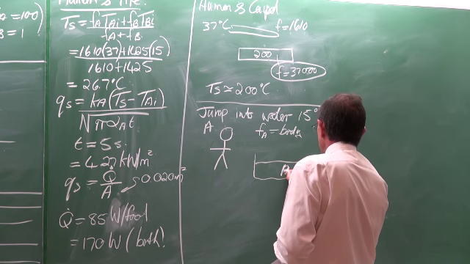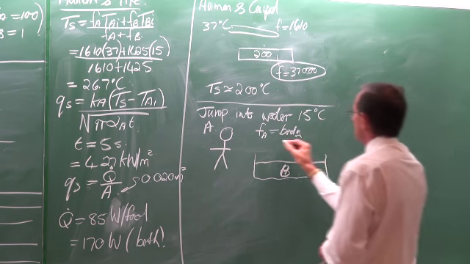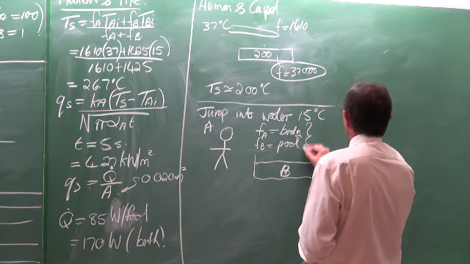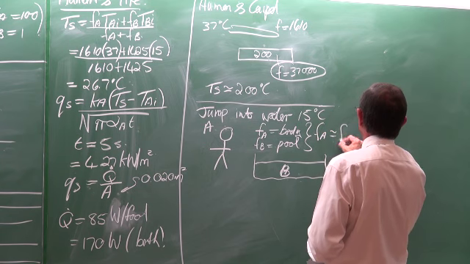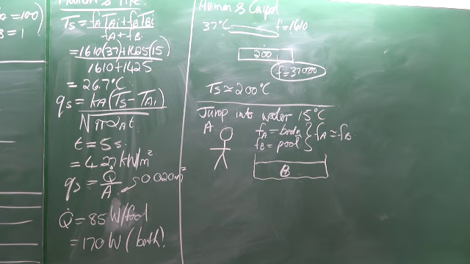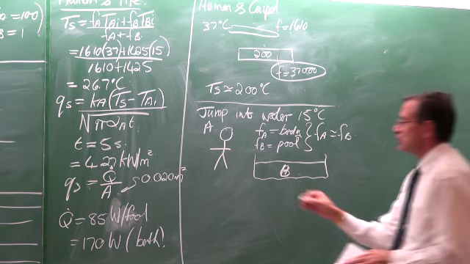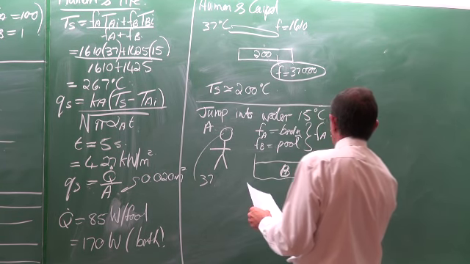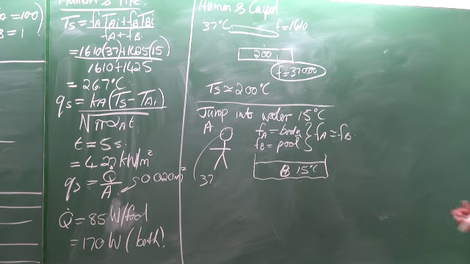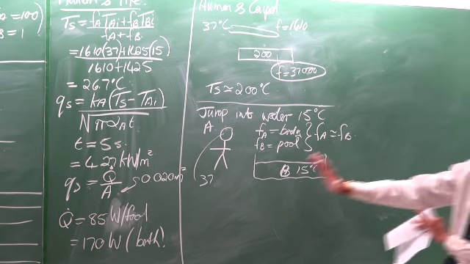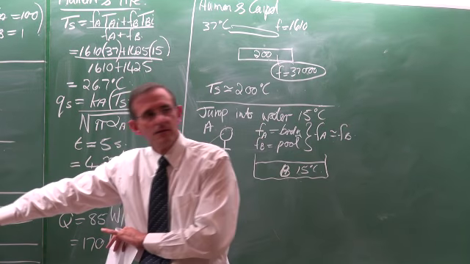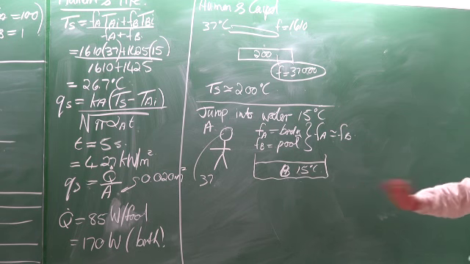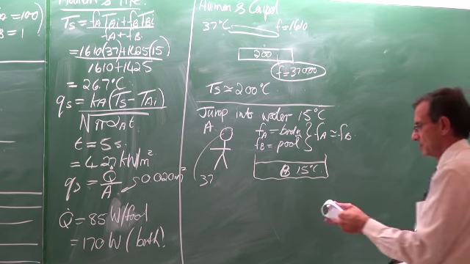Let's make this a B. So the F of your body and the F of the pool would be about the same, right? And your body temperature, the inside, 37 and that one 15. So if we look at this example, then everything is still valid in terms of the calculation of the F values. We can still use them to save some time.